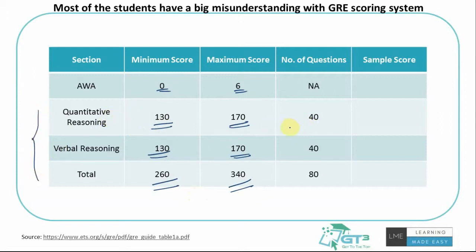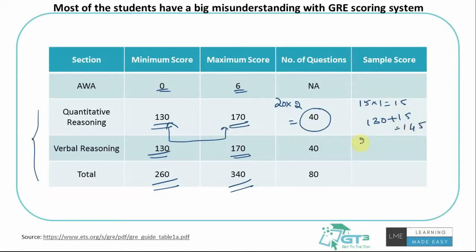So what most of the students think is this. There will be 40 questions, 20 questions in each section. That's basically 40 questions. And I see a difference of 40 points, right? 170 minus 130 is 40 points. So if I attempt an exam, I get 15 questions correct in both the sections. I should be getting 15 points added to my 130 and my score should be 145 in the quant.